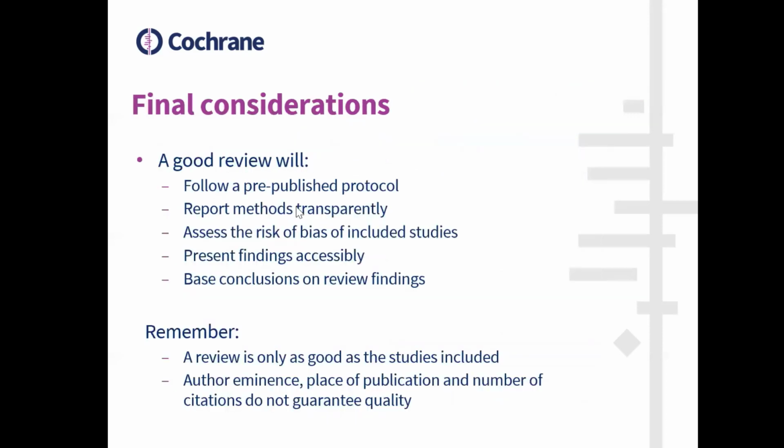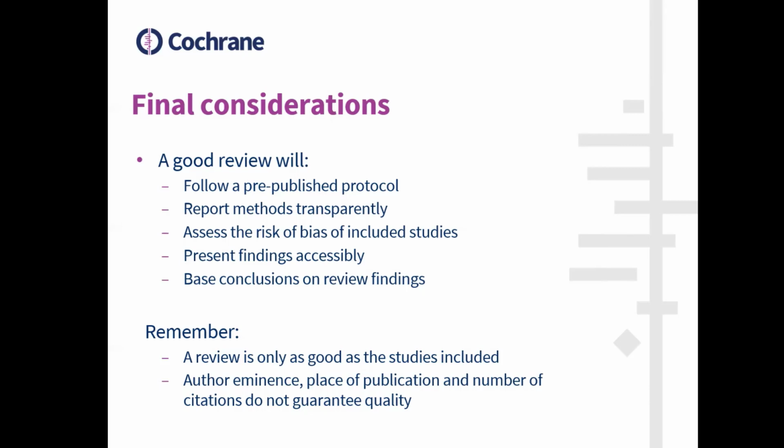So just some final considerations really, and then people can ask any more questions that you have, or any discussion if you've got a particular example. So a good review, whether it's a standard intervention review or a review including network meta-analysis, will follow the pre-published protocol. It'll report methods transparently.